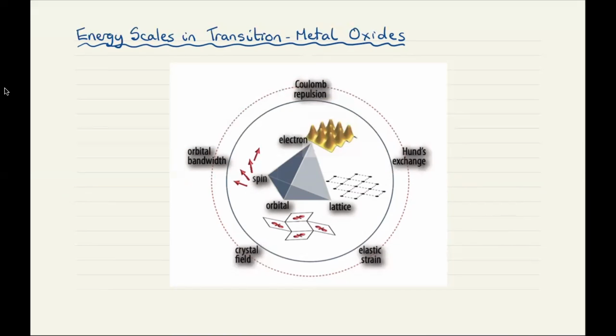And so simple models, such as the Hubbard model, end up rather naive, and it's hard to really develop a very simple theory. One has to take into account all of these properties because the electronic charge and spin and orbital contribution and lattice are all important. They're all on similar energy scales.